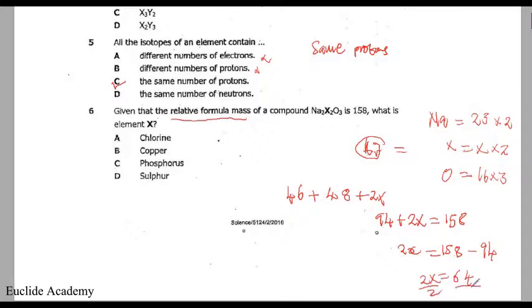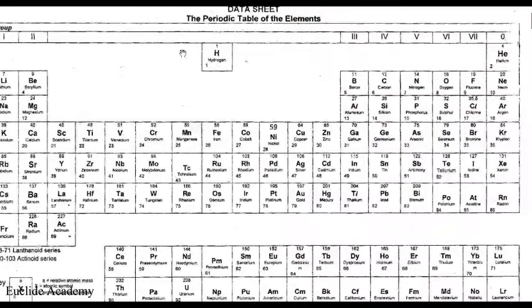I'm going to divide everything by 2, there by 2, it will cancel there, 2 into 64, so x is equal to 32. So now this is the relative atomic mass of X. Now what element has got a relative atomic mass of 32?